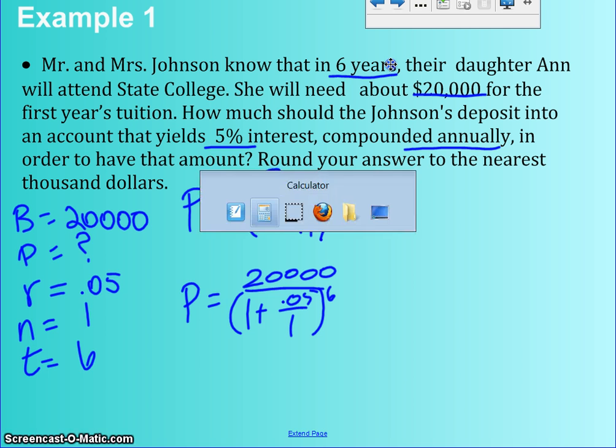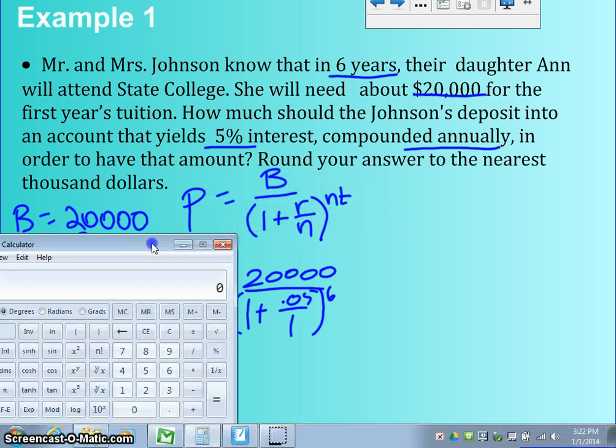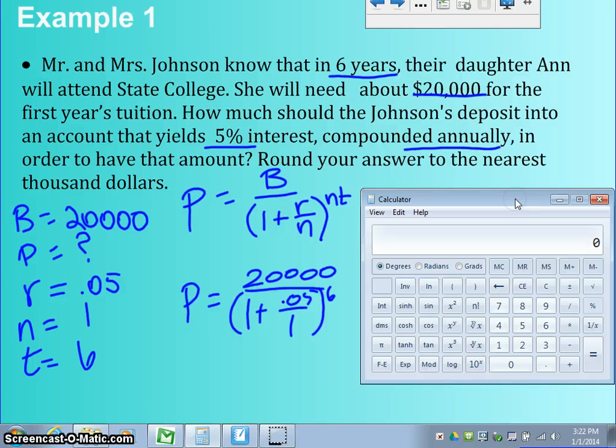So let's go ahead and plug that into the calculator. I'm going to move the calculator over here. And we've got here 20,000 divided by, I'm going to open a parenthesis, 1 plus 0.05 divided by 1, close parenthesis, to the 6th power. And I get a little bit off there, so let's try this one more time.